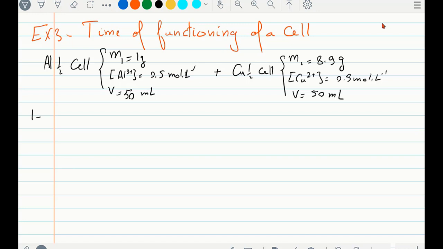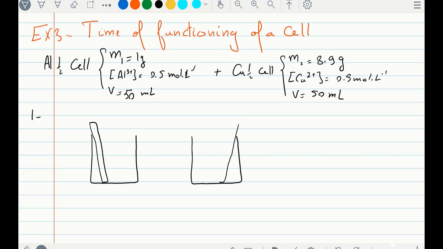The galvanic cell is formed of two half cells. The first half cell, we have a metallic strip dipped in the solution, and the second half cell is also formed of a metallic strip dipped in the solution.